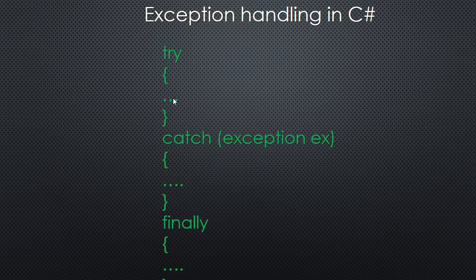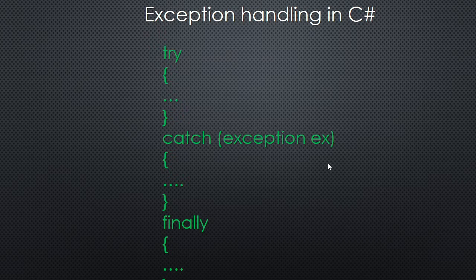If I write my code here, the compiler will come first to the try and execute this code. If this code is executed successfully, the compiler will not come to this part, which is the catch. But if something wrong happens here, the compiler will directly come to the catch part.